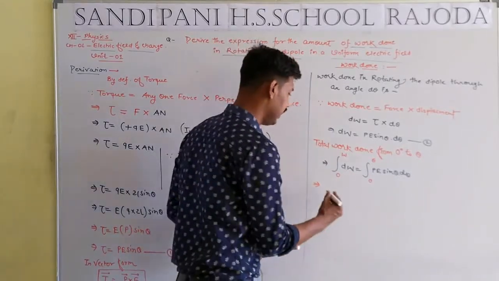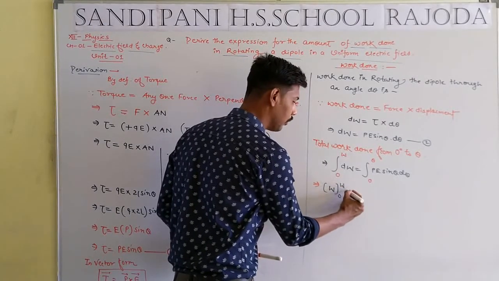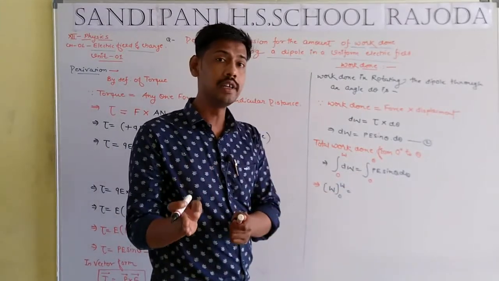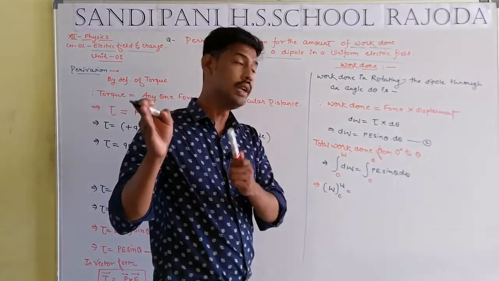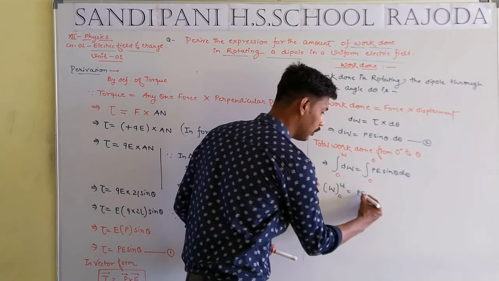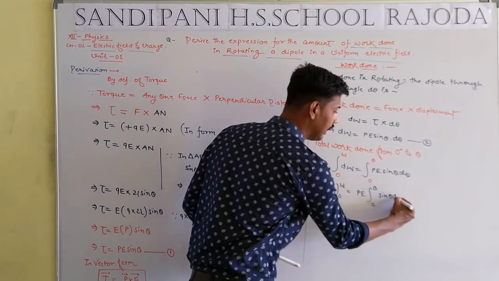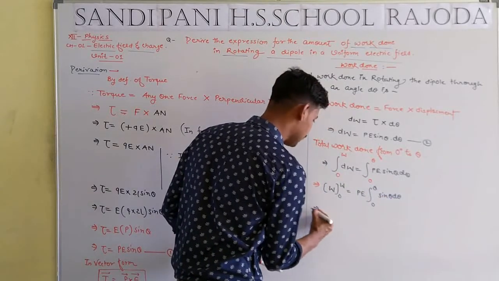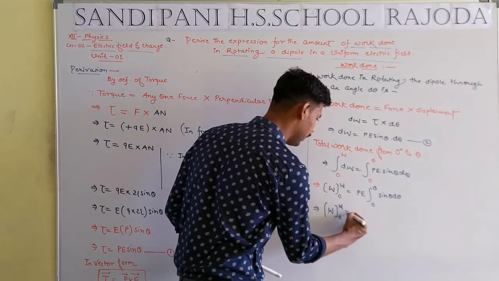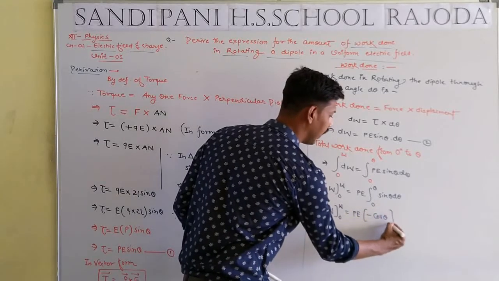So integration dW will be W, limit 0 to W. For integration d theta, we keep only the values in the form of theta; the other values are taken outside the integration. Integration of sin theta, what is its value? It will be equal to minus cos theta.